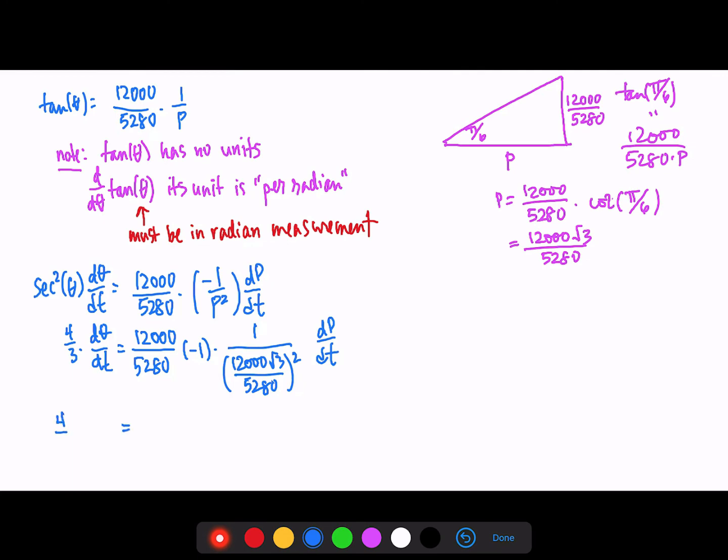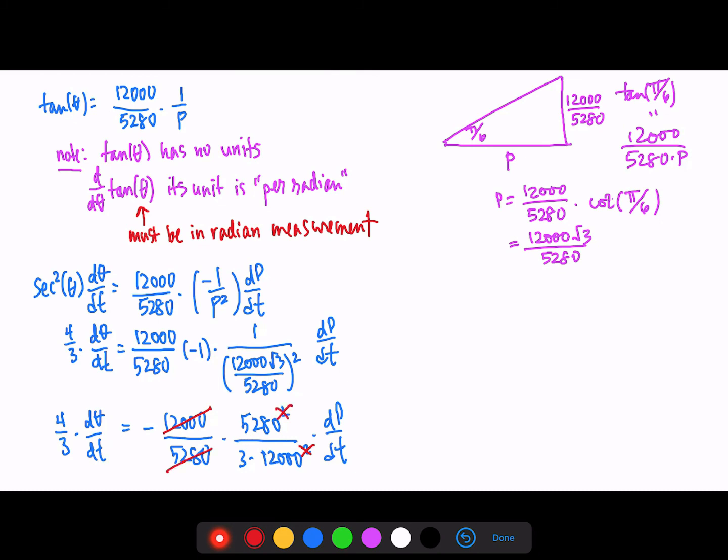Let's carry that out another step. We'll put this minus sign up front now. Simplifying this 1 over a square, we get 5280 squared over 3 times 12,000 squared, and dP dt. You'll notice that this 12,000 cancels with one of the 12,000 downstairs. This 5280 cancels with one of the 5280 upstairs.